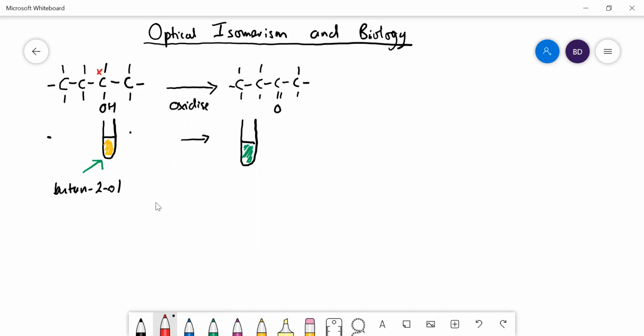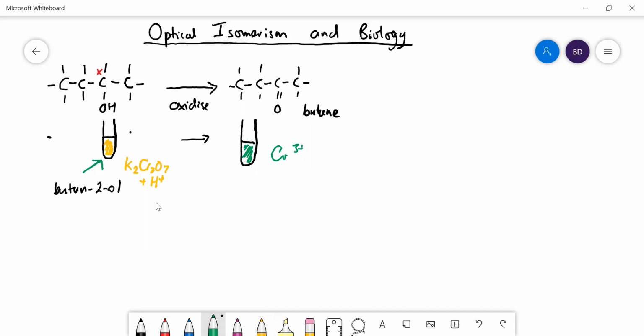We oxidize that by adding acidified potassium dichromate, K2Cr2O7 plus some acid, and you will oxidize it to butanone. Of course, the dichromate will go green because it's been reduced to the Cr3+ ion.